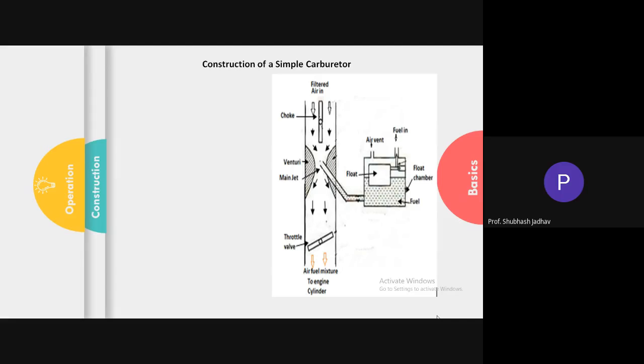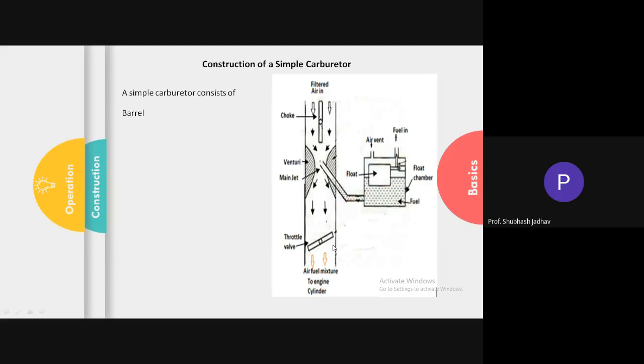So you can see over here, we have what we call a barrel. Okay, so let us discuss initially the components. So a simple carburetor consists of what all things? One barrel. So what is the barrel here? This particular pipe-like section that you are seeing is what you call a barrel. Okay.